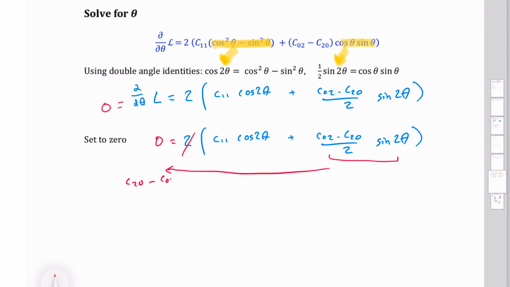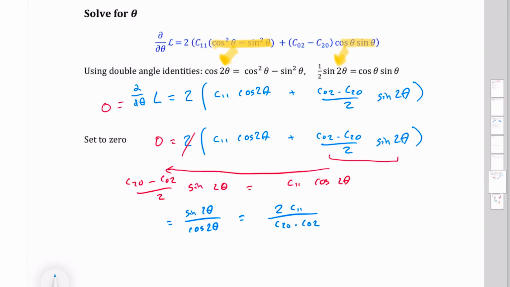C20 minus C02 divided by 2 times the sine of 2 theta is equal to C11 times the cosine of 2 theta. I want to get all of my thetas on the same side, so I'm going to put sine of 2 theta divided by cosine of 2 theta is equal to C11, and then I'm going to multiply it. So I get 2 divided by C20 minus C02.